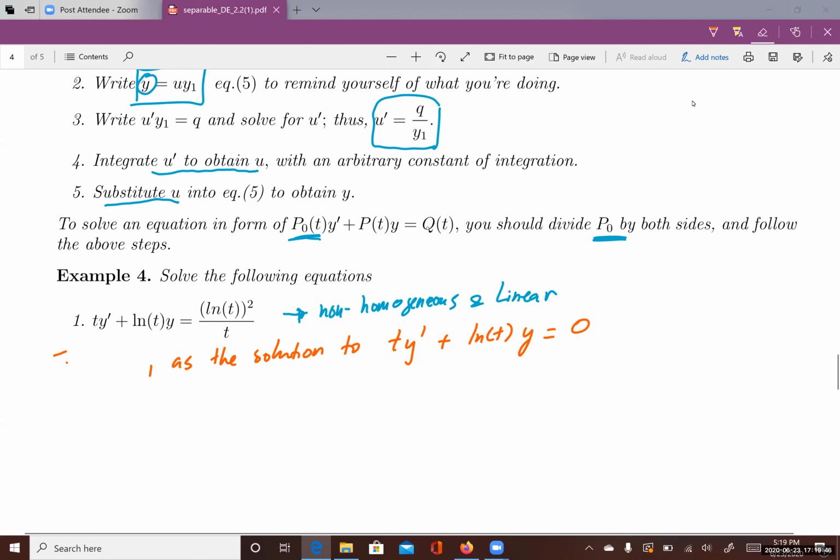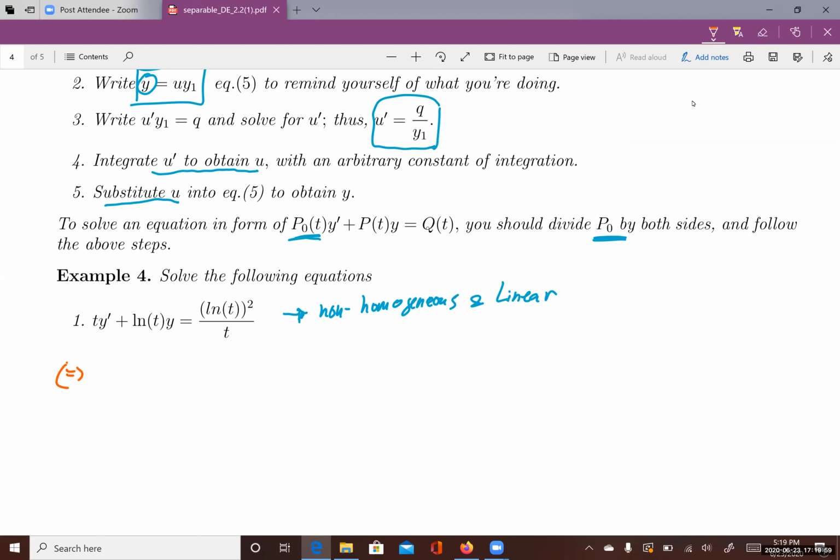So let's do that first. Here, if t is not 0, I divide both sides by t. I have y prime plus ln t over t times y equals (ln t) squared divided by t squared.